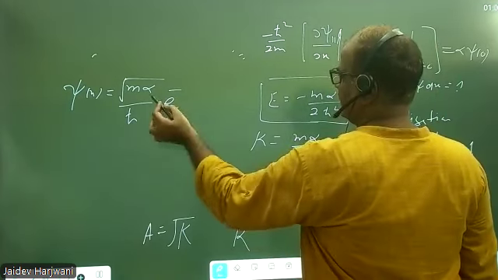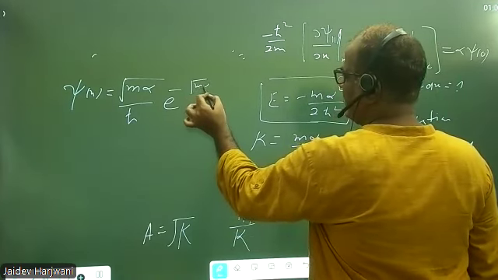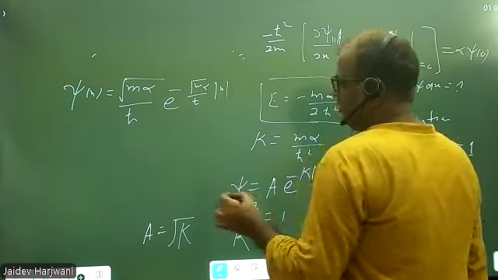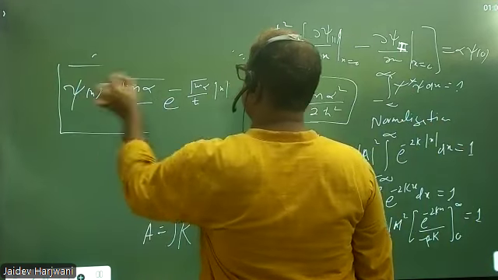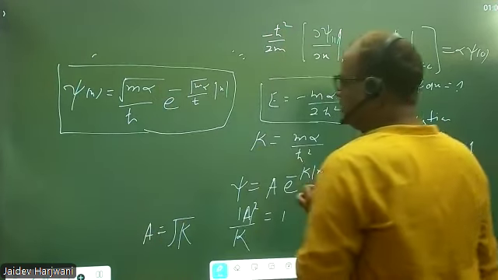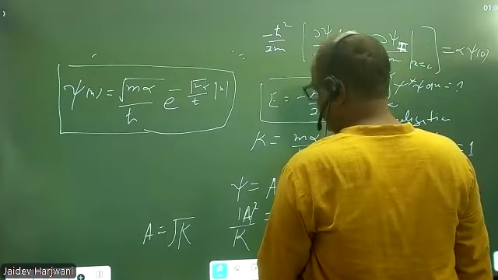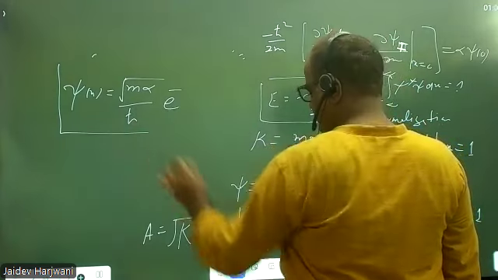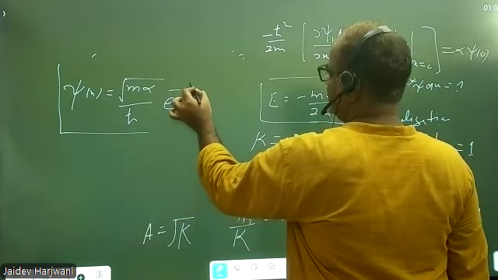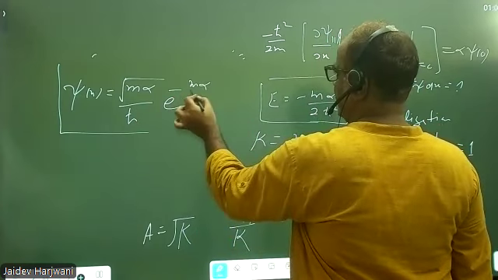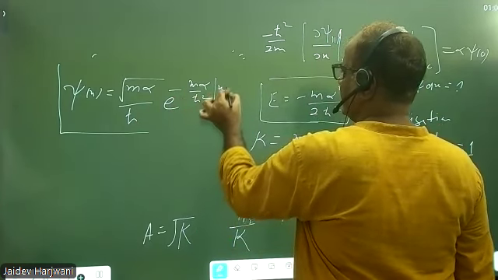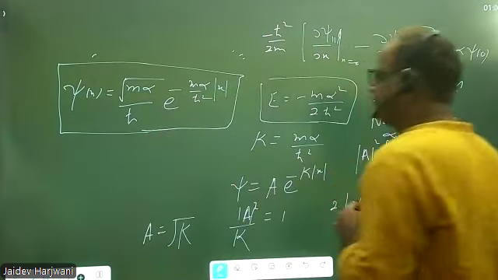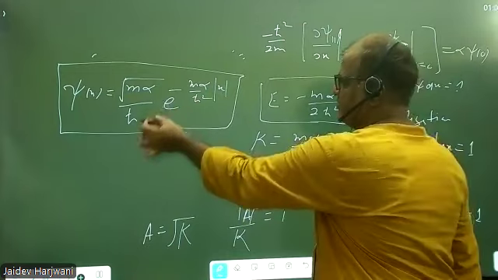So kappa is again m alpha upon h cut square, mod x. This is my wave function. So it will not be root here, because here we have only kappa. So here root kappa, means this will be m alpha upon h cut square mod x. This is my wave function, and root of this one is here.